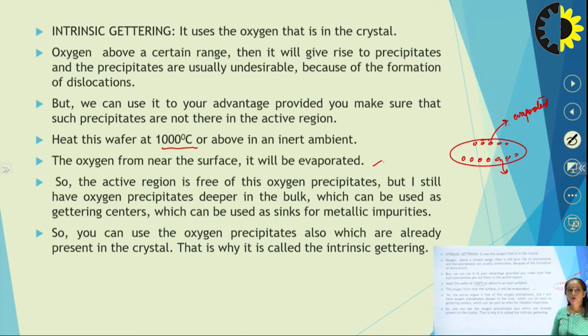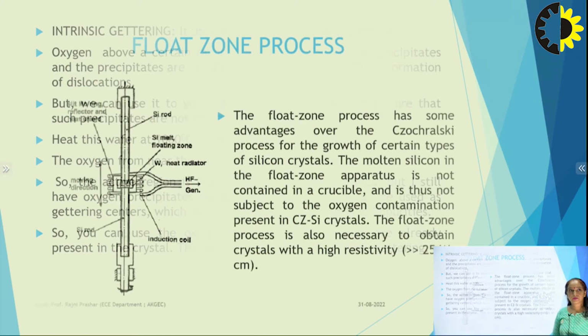So you can use this oxygen which precipitates, and which is also present in the crystal. That is why it is known as intrinsic gettering.